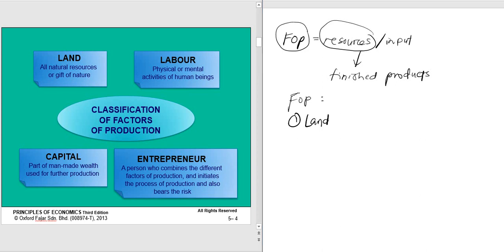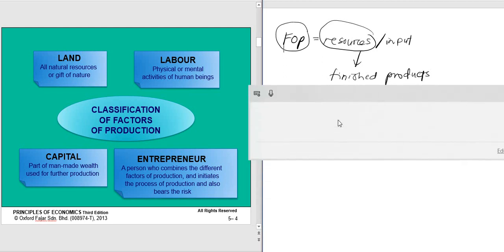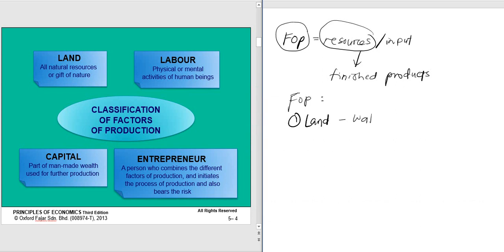Land represents the natural resources that a producer can use in their production, for example water, air, or minerals, or forest, and so on.